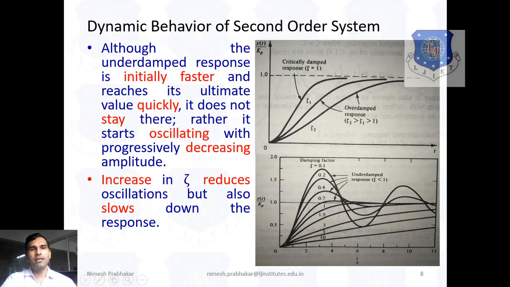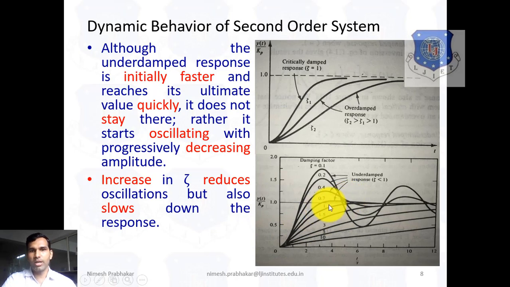Increasing zeta reduces the oscillation but also slows down the response. To reduce this oscillation, that means the unstable behavior, we have to increase the value of zeta. When we increase zeta, the oscillation is reduced and we get a stable system, but the response of the system is also slowed.